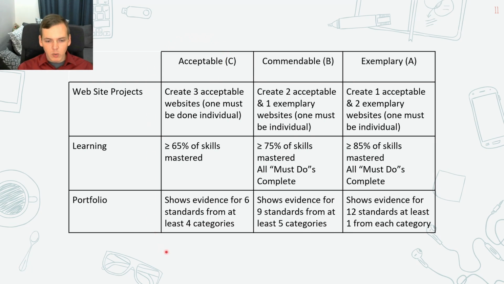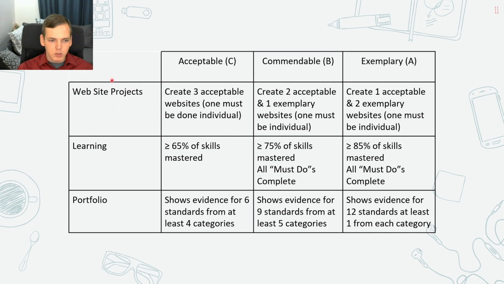To earn a C, you need to meet all the requirements for a C. To earn a B, you need to meet all the requirements for a B. And to earn an A, you need to meet all the requirements for an A. If you miss one of the categories, that'll reduce your grade as a result.